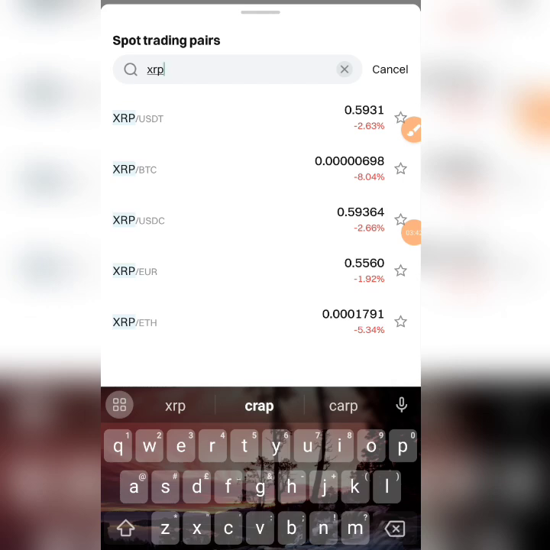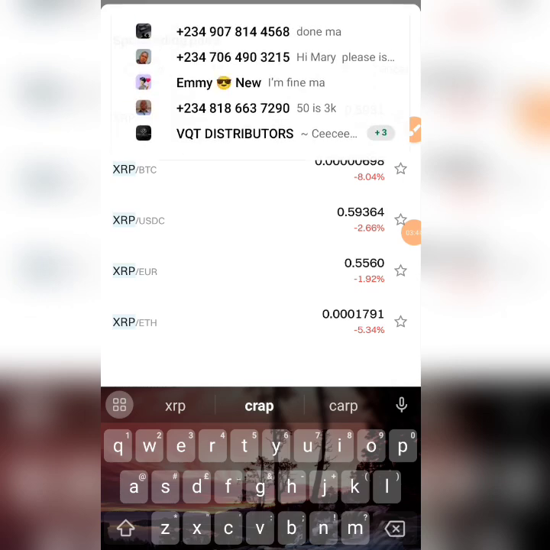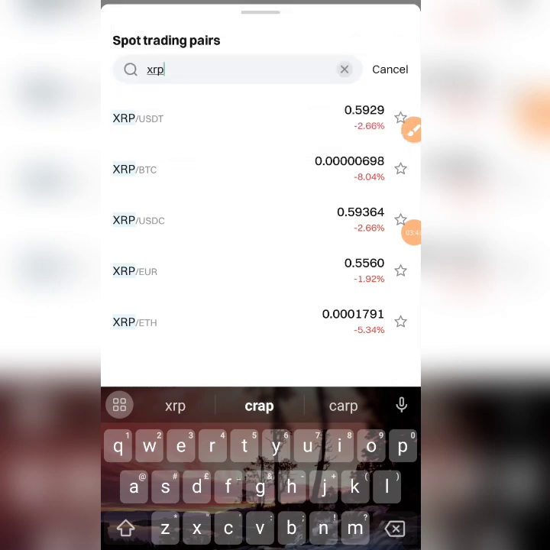So if you have a coin in mind that you want to buy, you need to know the symbol of the coin also. When you search for a crypto, it will always bring a lot of things. As you guys can see, the first ones in this search are XRP/USDT, XRP/BTC, XRP/USDC, and so many more like that.